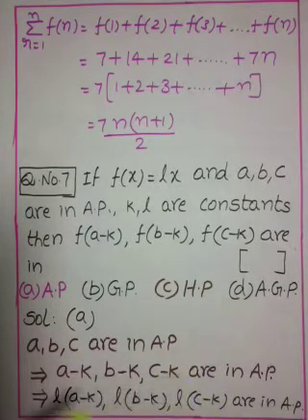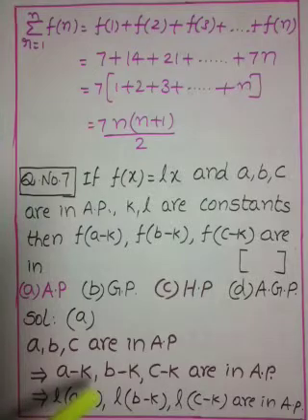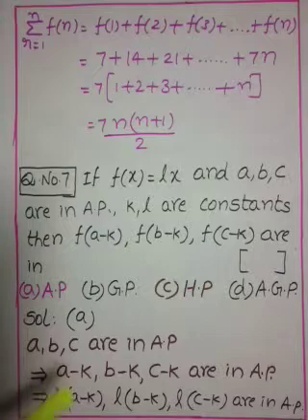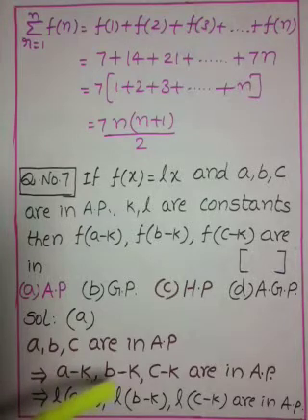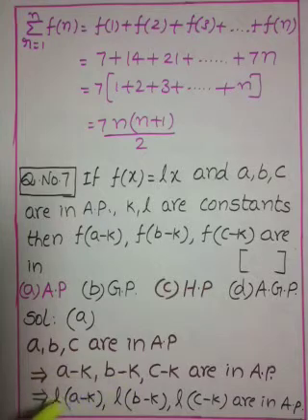Understood, my children? Right. Similarly, if we multiply the same three terms by a constant, then the three terms will be in arithmetic progression only. So here we multiplied these three terms by a constant L. So L into a minus k, comma L into b minus k, comma L into c minus k. These three terms are also in AP.